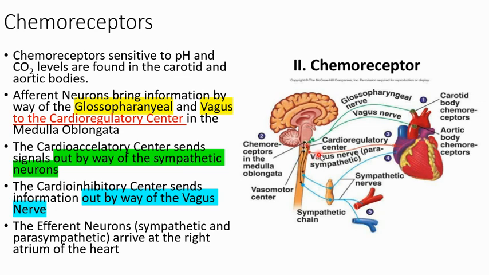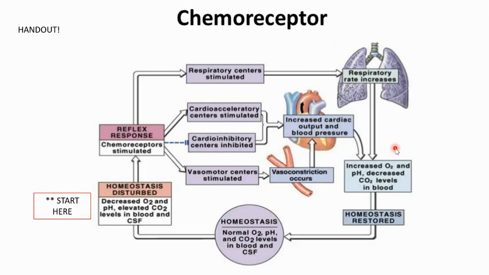If it's trying to slow the heart down, it's going to tell the heart to slow down by way of the vagus nerve. Or if it's trying to tell the heart to speed up, it will send information by way of the sympathetic neurons in the sympathetic division. So efferent neurons, sympathetic and parasympathetic neurons, arrive at, guess what, the sinoatrial node, that right atrium of the heart.